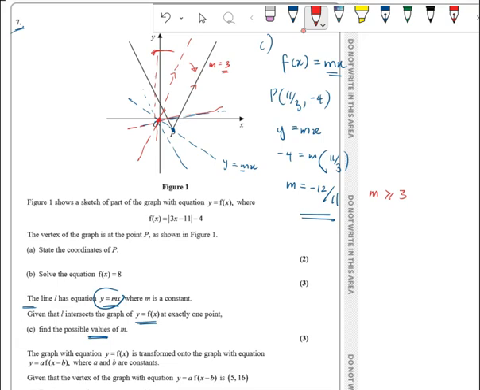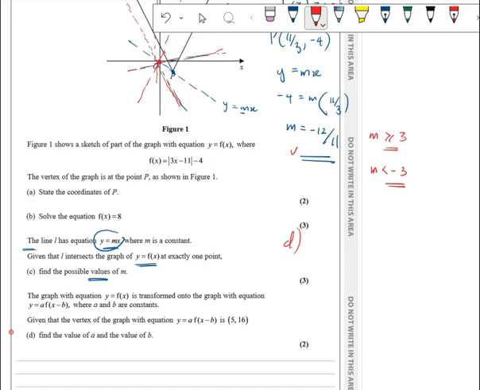The line can go all the way until the gradient is negative 3 over here. When it's negative 3, it will not meet, so that also holds when m is less than negative 3. So we have three cases: m is greater than or equal to 3, m is less than or equal to negative 3, and m is equal to negative 12 over 11.